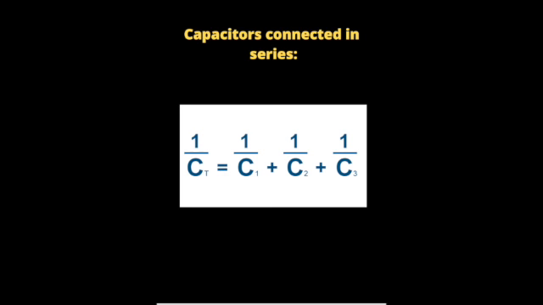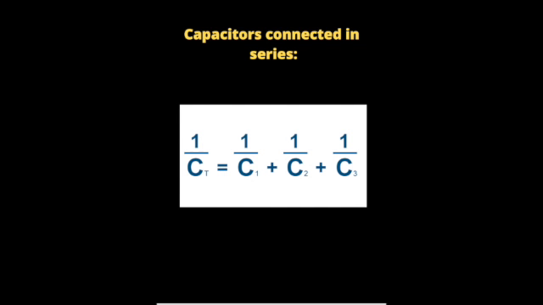So now we're going to analyze the capacitors connected in series. So we start again with the same formula, Q equals C times V, and we look that the voltage is going to be distributed among the capacitors, so Q is going to be constant. So Q is equal to C1 V1, Q is equal to C2 V2, and Q is equal to C3 V3, and so on.